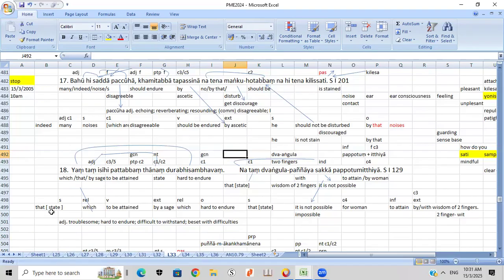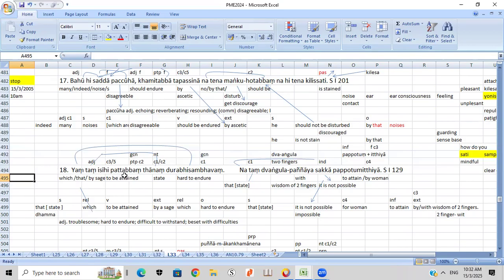So this one, I say state, means it is talking about the mind state. Normally the mind state you put as dhamma. Dhamma is a mind state. So that state, because here you see, wish to be attained. Can you see the word here? The word here is pat.